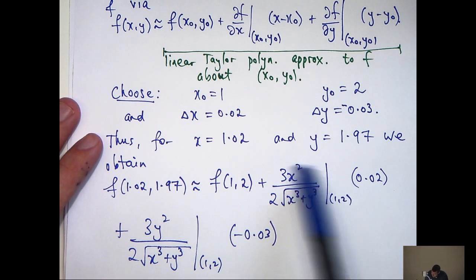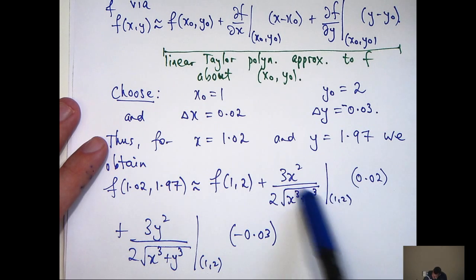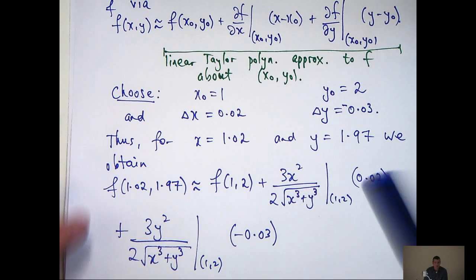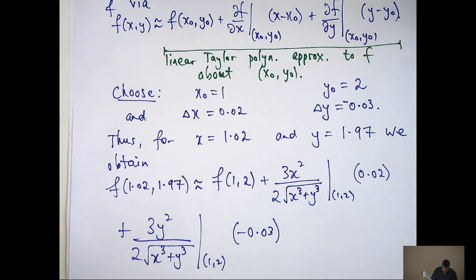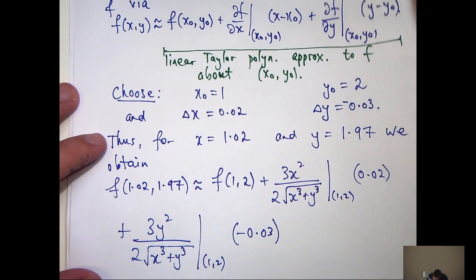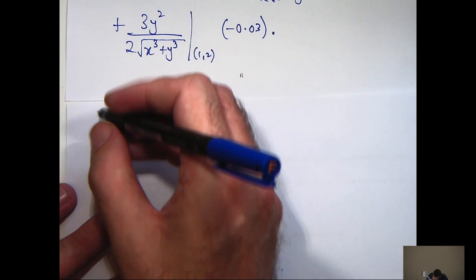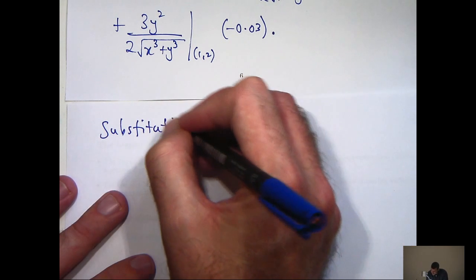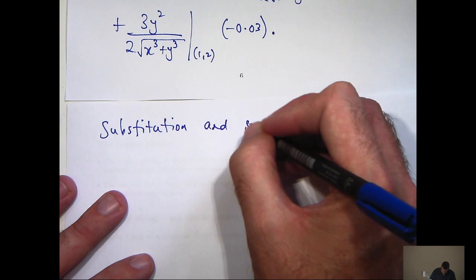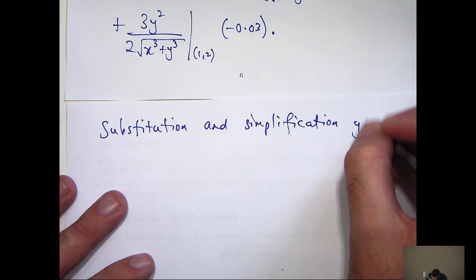First of all, I'm going to substitute in x0 equals 1, y0 equals 2 in here, and then I've just got some simple calculations to do. So let's see if we can clean this up a bit. Substitution and simplification yields the following.